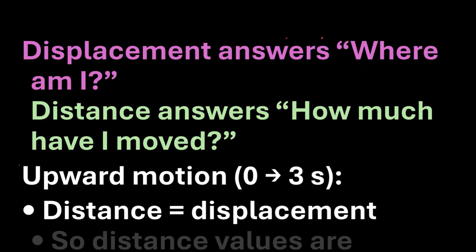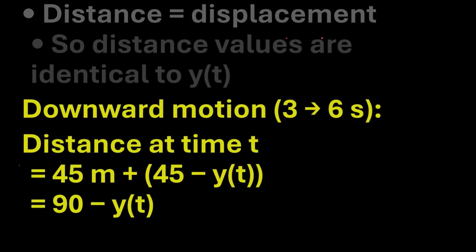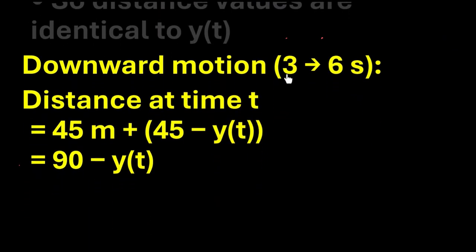But what happens after that? For the downward motion from t equal to 3 seconds to 6 seconds, distance increases with 45 meters plus 45 minus y(t), which gives us the equation 90 minus y(t).